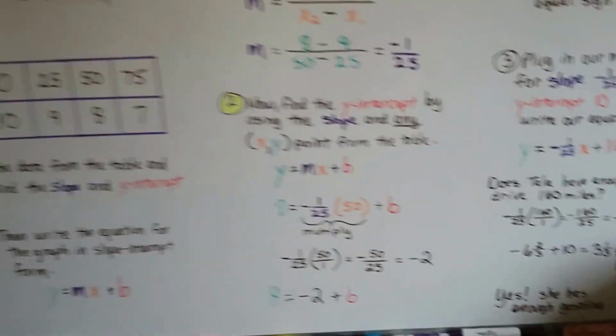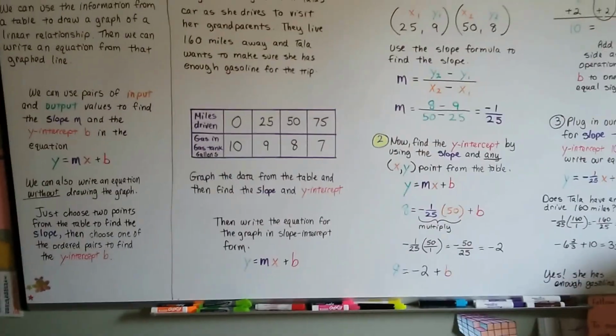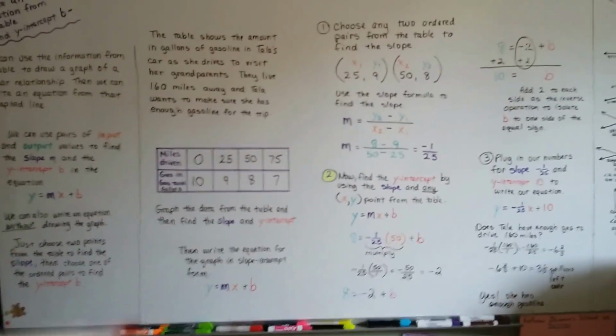Okay? So that's how we can write an equation from just using a table, and it'll help us find the y-intercept b by choosing a pair.